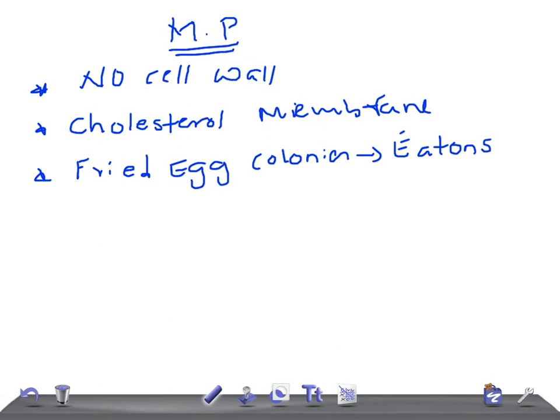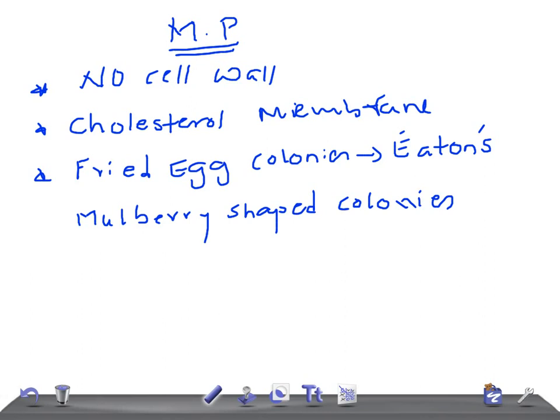For Mycoplasma pneumoniae, you can think of mulberry shaped colonies on sterol containing media.